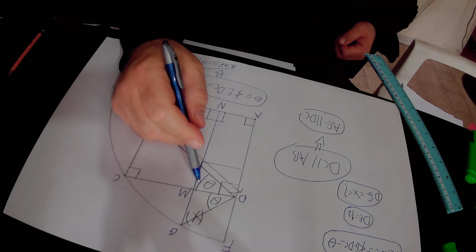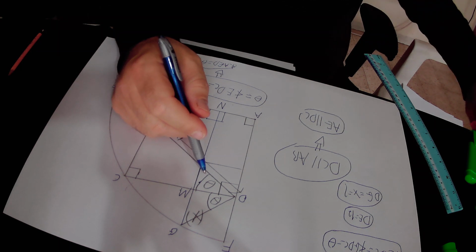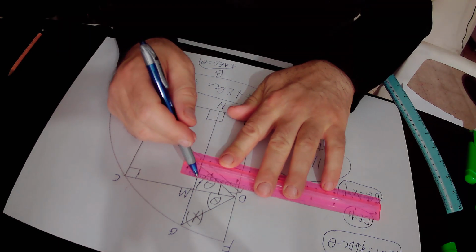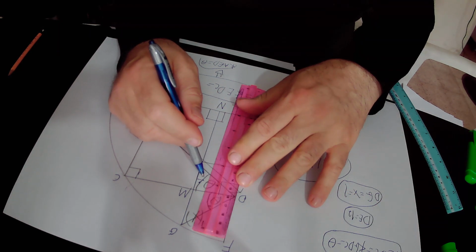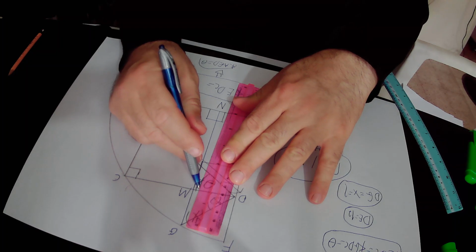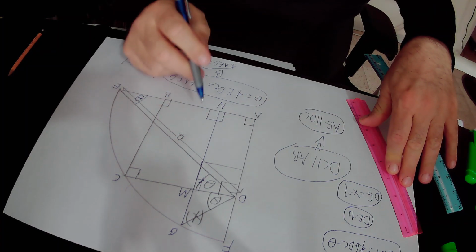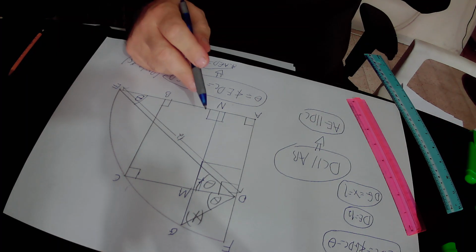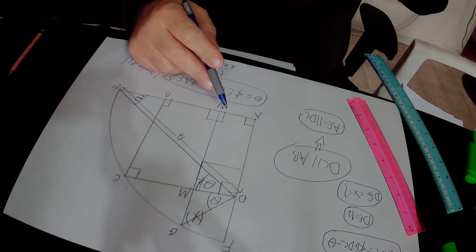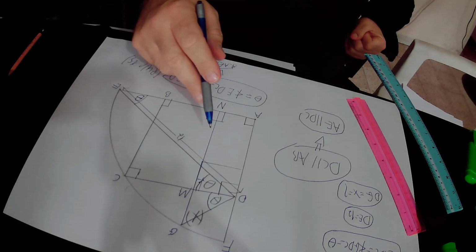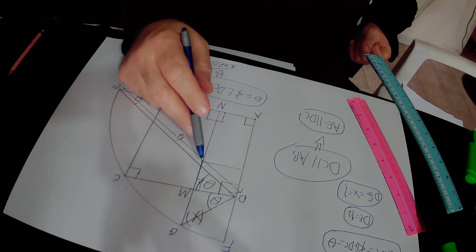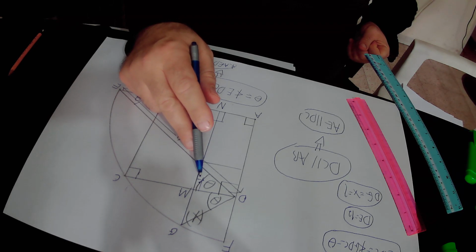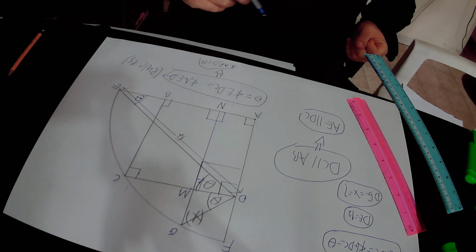Therefore, this missing fourth angle must be equal to 90 degrees.